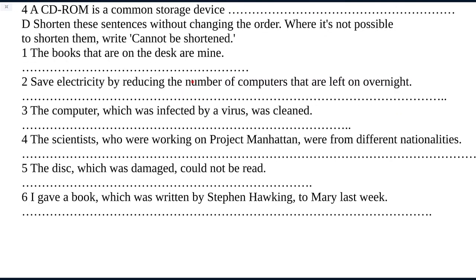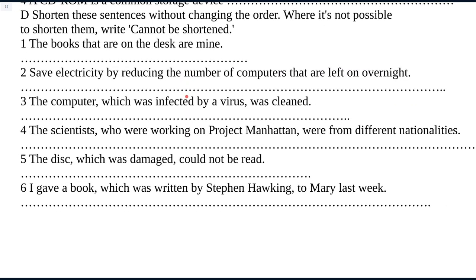All right, the last activity would be to shorten these sentences without changing the order. Where it's not possible to shorten, write cannot be shortened. The last activity. So the books that are on the desk are mine. Yes, the books on the table are mine.